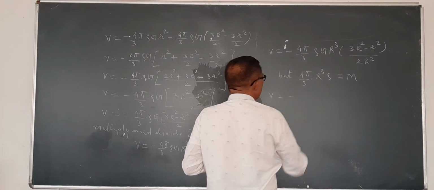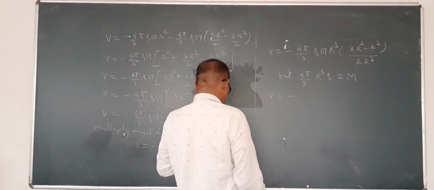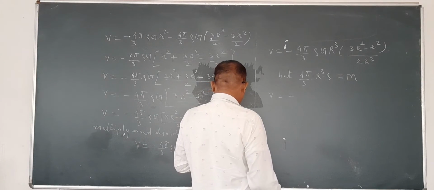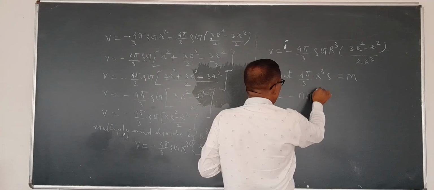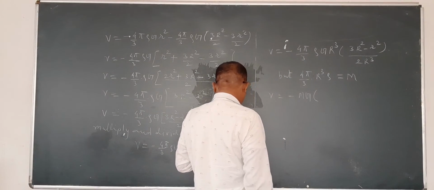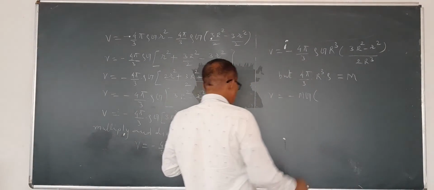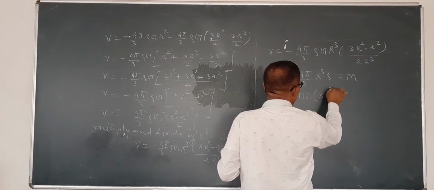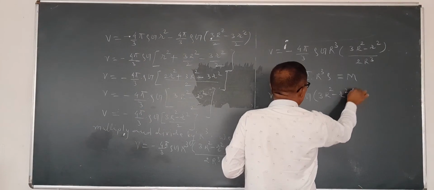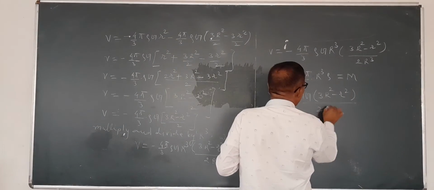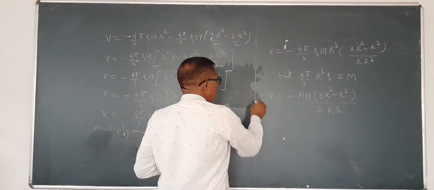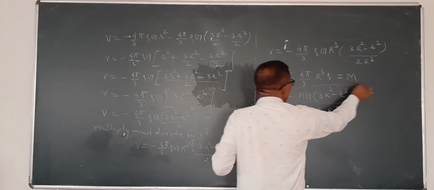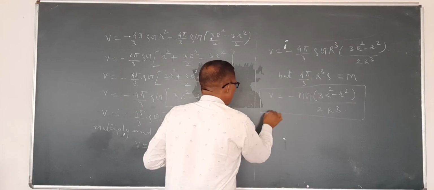Therefore, minus mg into the bracket 3r square minus r square divided by 2r, and this is nothing but the total potential.